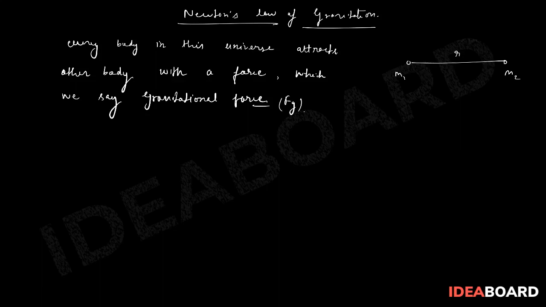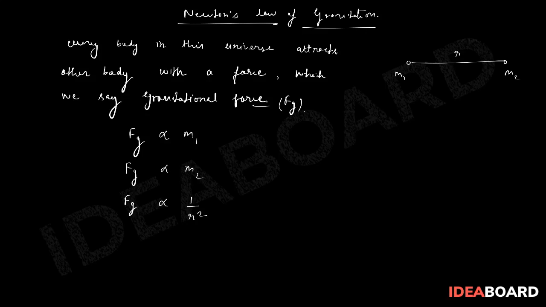So this force Fg, gravitational force, will be directly proportional to the mass of the two bodies. So Fg will be proportional to m1, Fg will be proportional to m2, and he experimentally determined that the gravitational force is inversely proportional to the square of the distance, which is the separation of these two particles or masses.